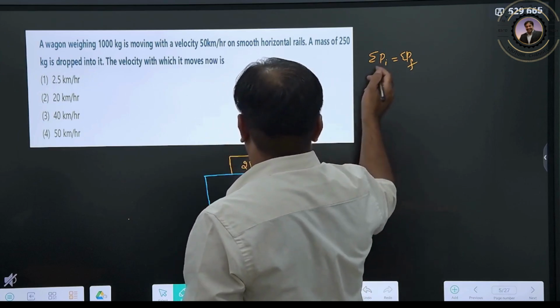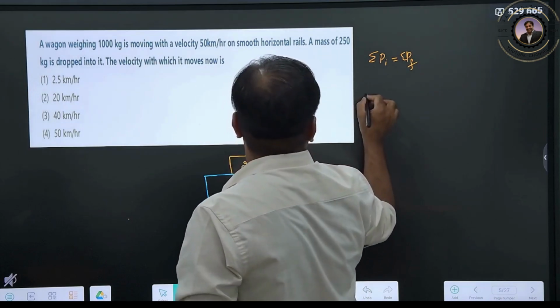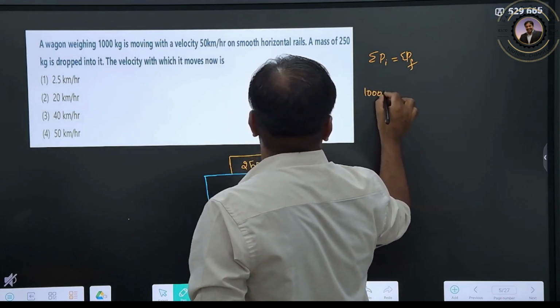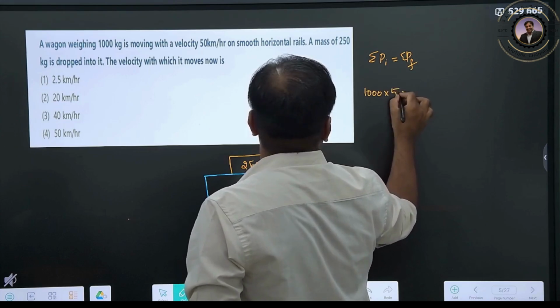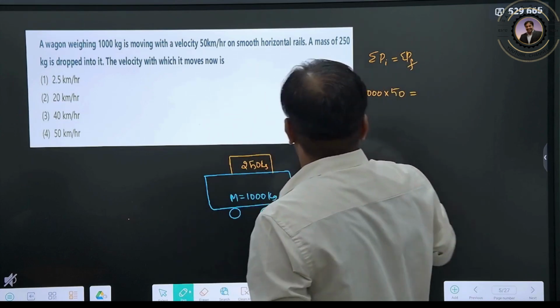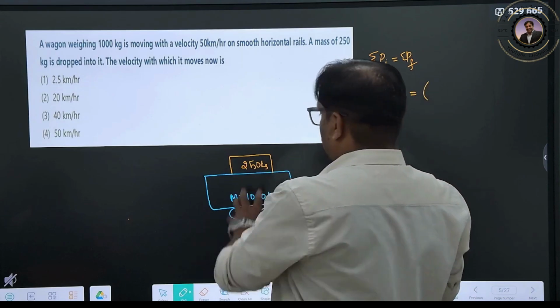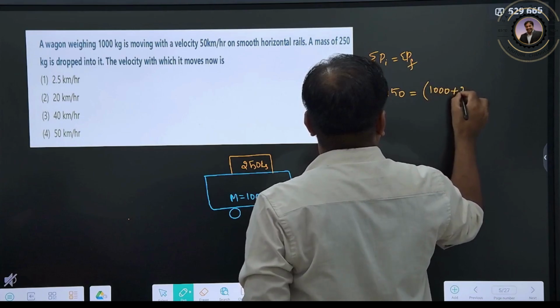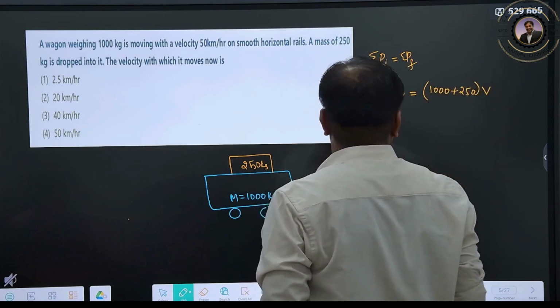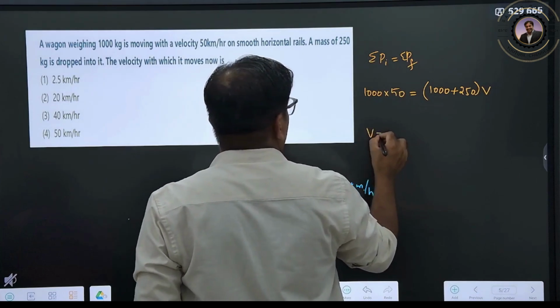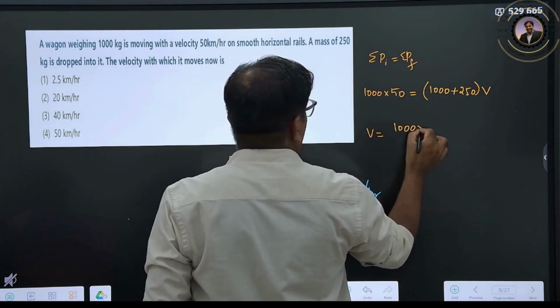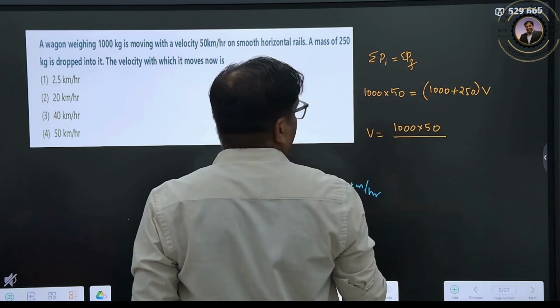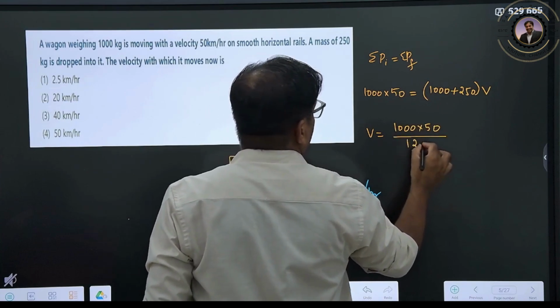So initial momentum is how much now? Initially it is 1000 kg going with a speed of 50. Later on, both of these are added here, so now both combined are moving. Therefore 1000 plus 250 going with one speed. So V is equal to 1000 into 50 divided by 1250.